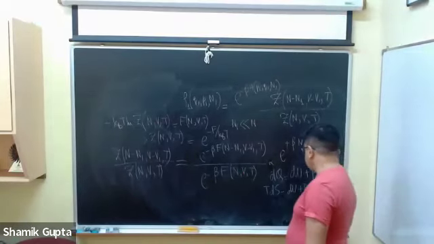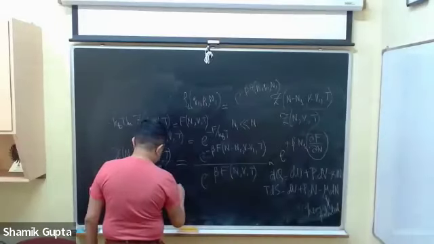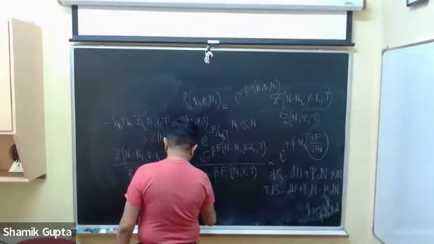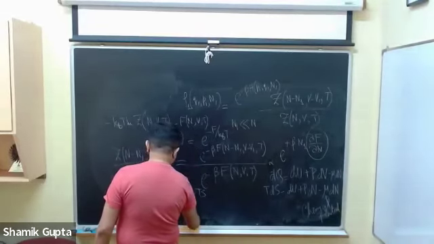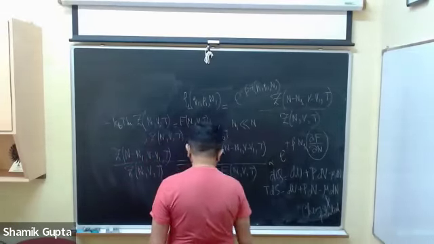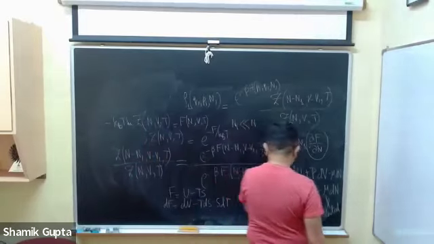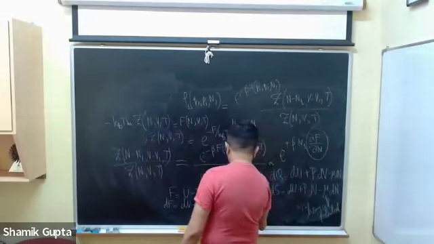So what is the utility of this? The utility is that F is equal to U minus TS, so dF is equal to dU minus T dS minus S dT. But dU minus T dS is minus P dV plus mu dN.